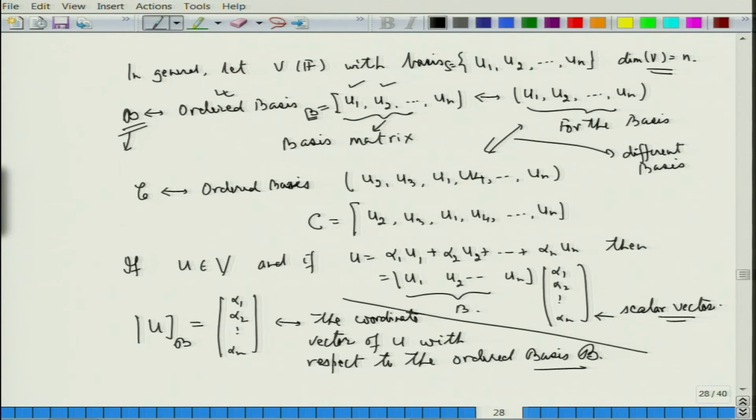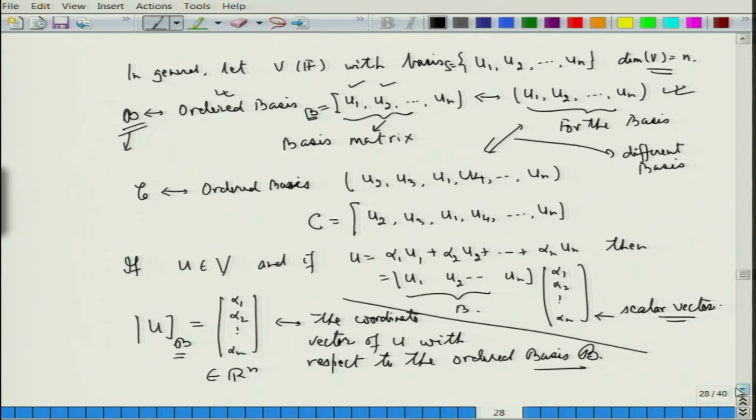Since at the back of my mind I already have fixed this ordered basis, I do not have to write that again and again. I can just look at u, write it with respect to B and say that it is nothing but an element of Rn now. Earlier I did not know what my V was, from where V came, that is immaterial to me. What is important is that what is an ordered basis. Once I have an ordered basis, then I have an element of Rn associated with it. That is more important. Is that okay?